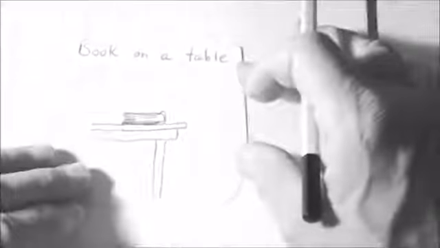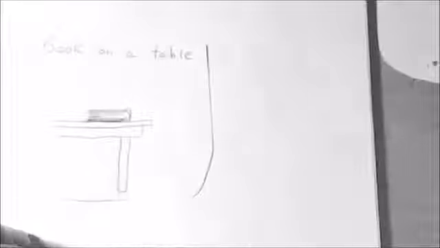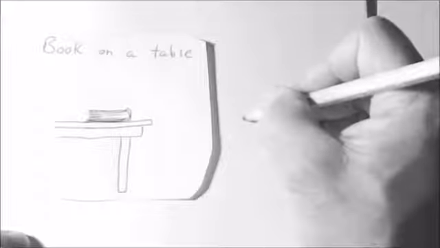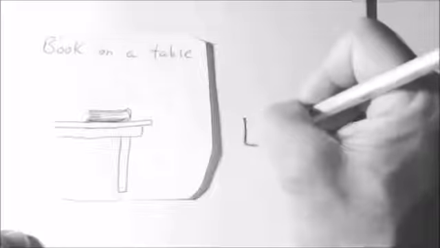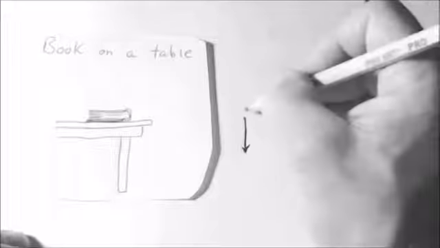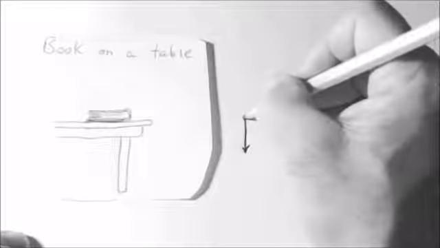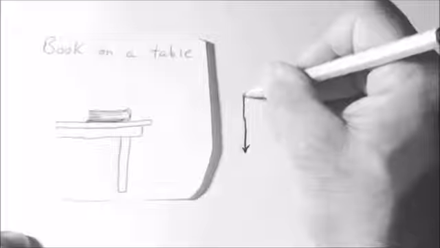Well, there are forces acting on this book even though the book is sitting still. One of those forces is the force of gravity, which is pulling it down. And the other force is the table pushing up on the book.